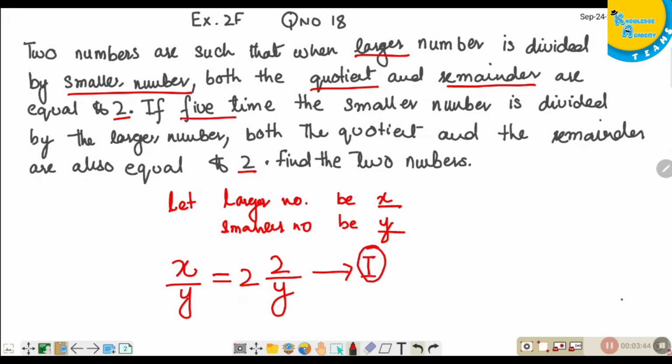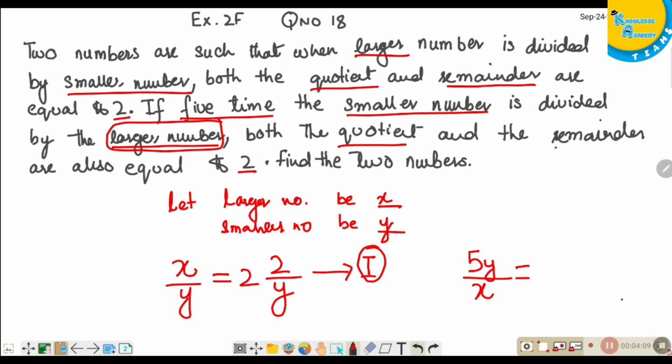If 5 times the smaller number, which will be 5y, is divided by the larger number, that means 5y upon x, both the quotient and the remainder are also equal to 2. So I'm going to write this down. Now this is our second condition given to us.